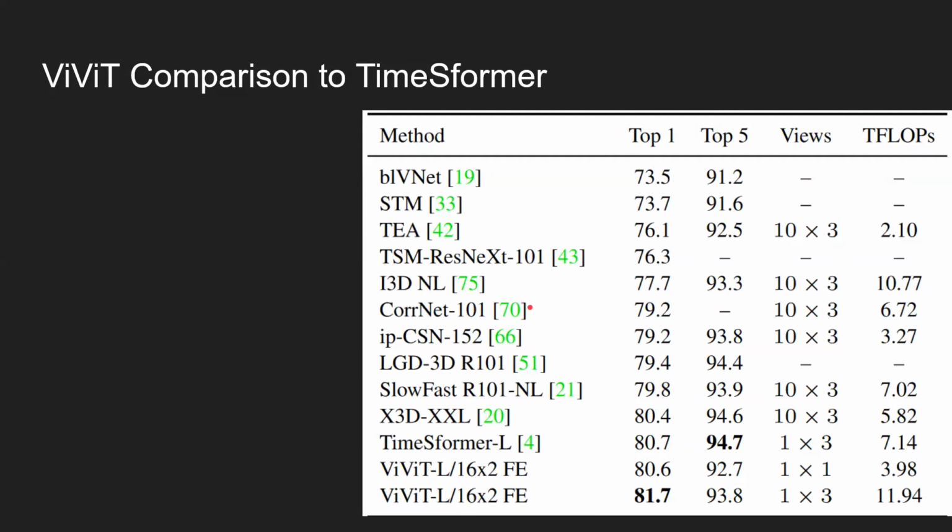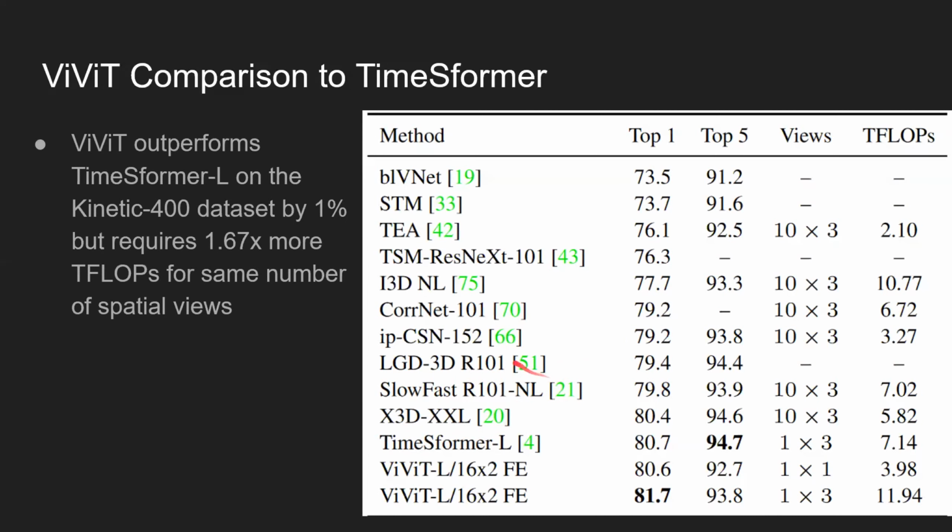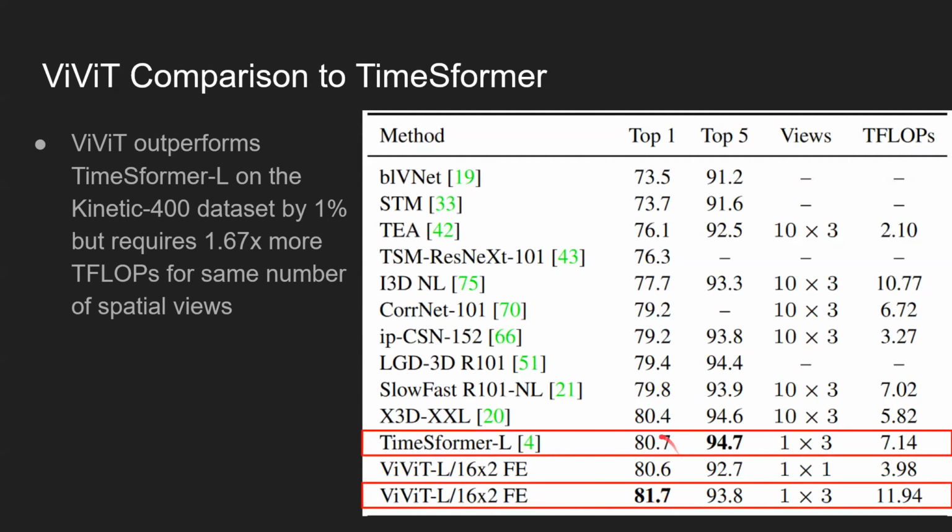And then to finish up, I would like to compare ViViT's results and Timesformer. ViViT outperforms Timesformer L on the Kinetics 400 data set by about 1%, which we can see here.